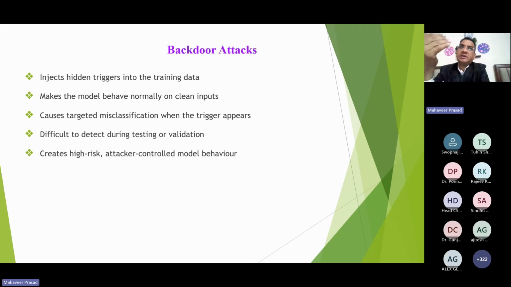When normal data comes, the model behaves normally. But when the data comes with that particular patch, or sticker, the model gives a different output.